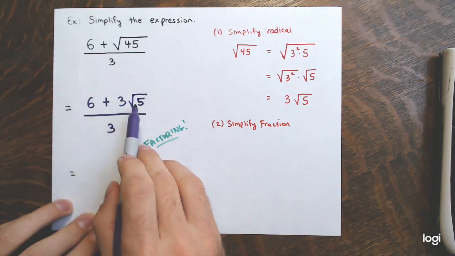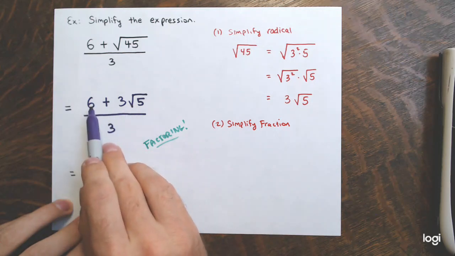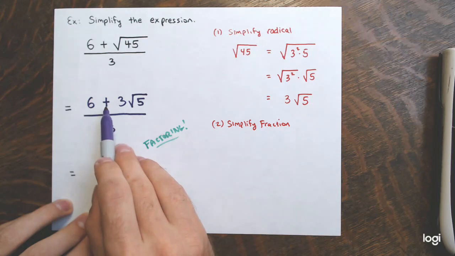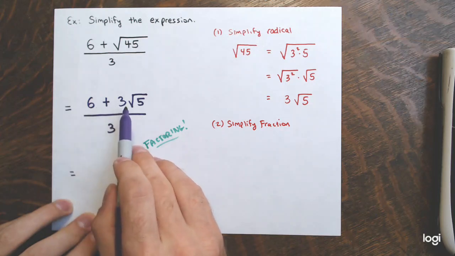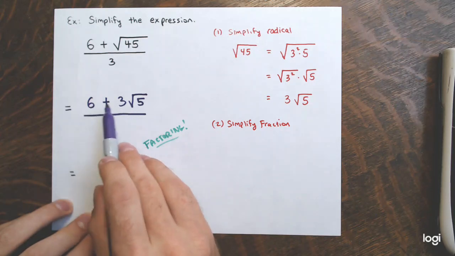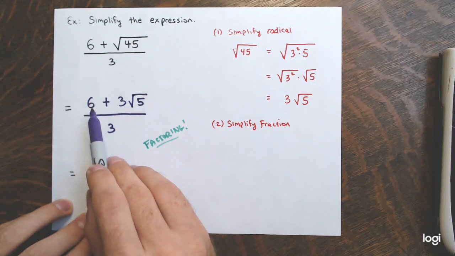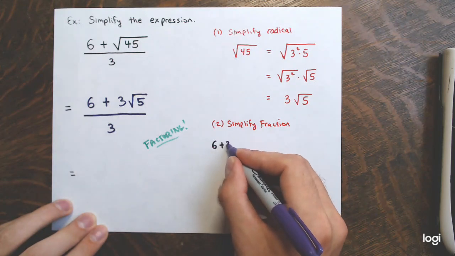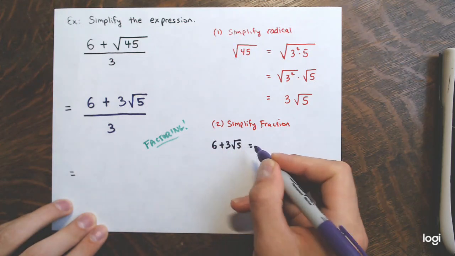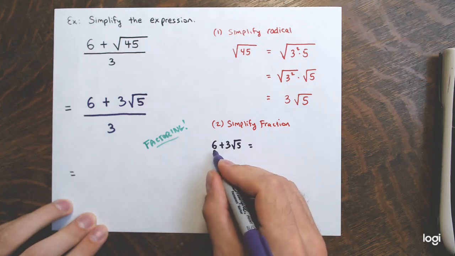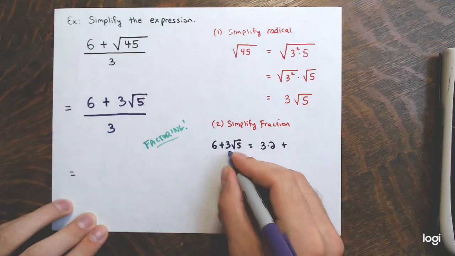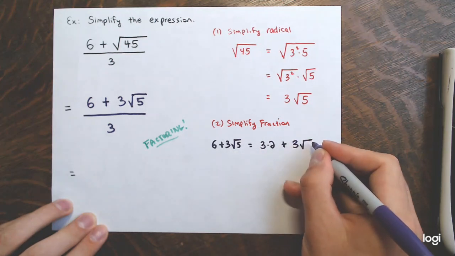Look at the numerator. There are two terms. There's 6, and then there's this term, remember terms are products separated by plus signs. There's 6 times 1, and this is 3 times the square root of 5. And what's a common factor? We can break down 6 to 3 times 2. When I break all the terms down completely, 6 is 3 times 2, plus the second term, which is just 3 times the square root of 5.